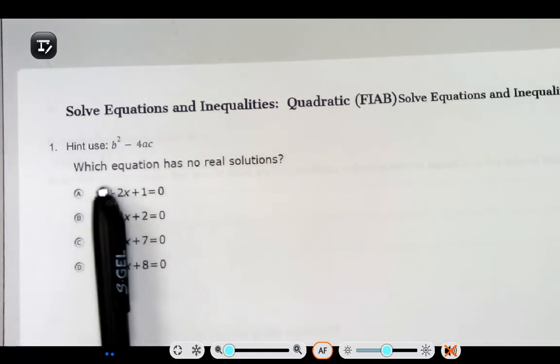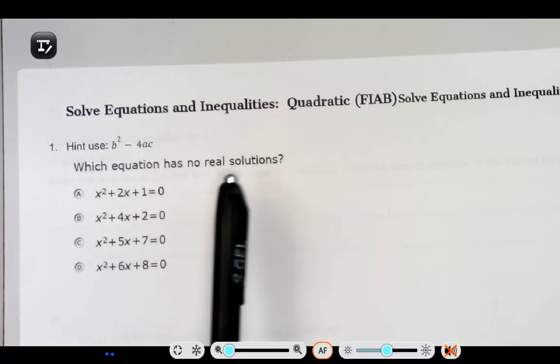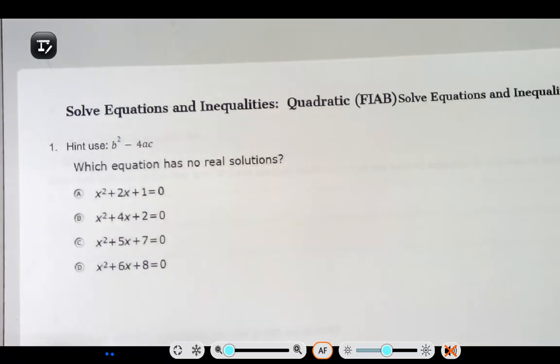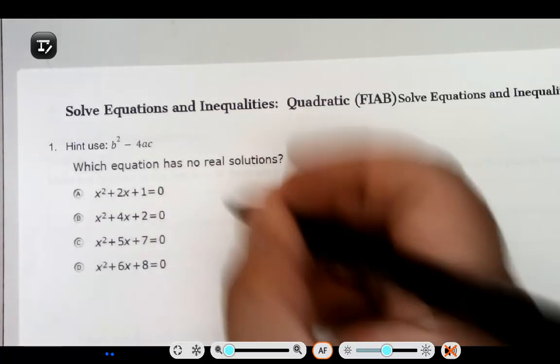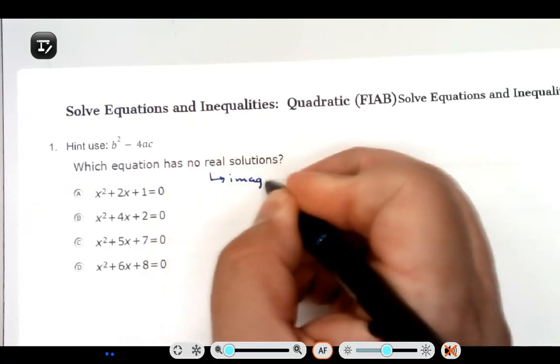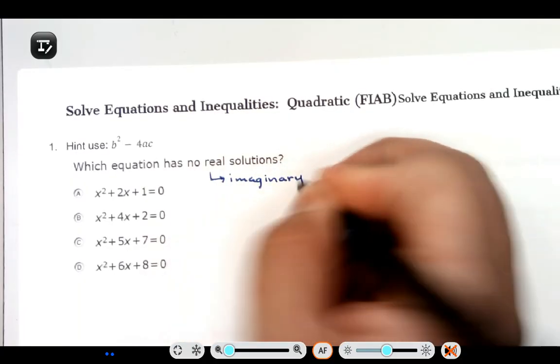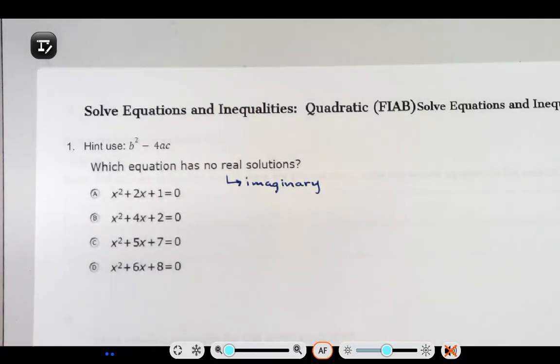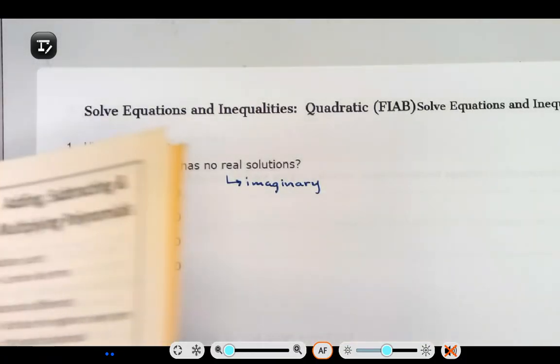All right, so it says, which equation has no real solution? Well, keep in mind, when you're looking at your word wall, the only time that we've heard them say maybe no real solution, well, think about it. If it's not real, then it has to be imaginary. And all they want to know is which one has no real solution?